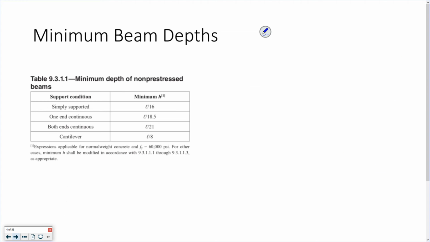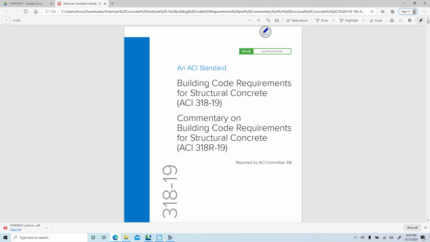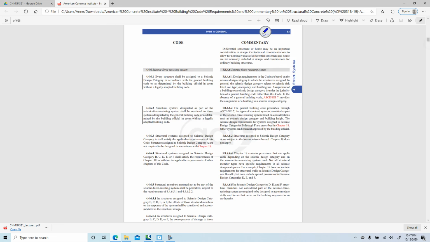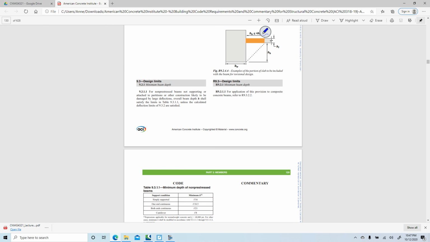In terms of beam design, if we go to table 9.3.1.1, it's on page 129. Design limits.